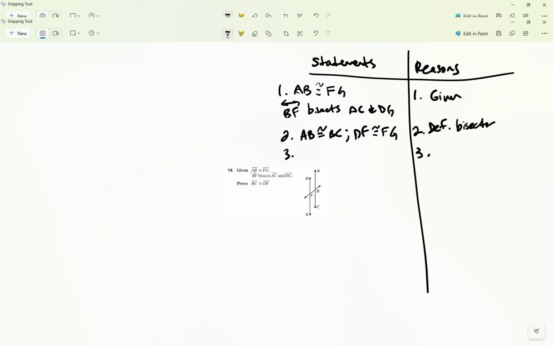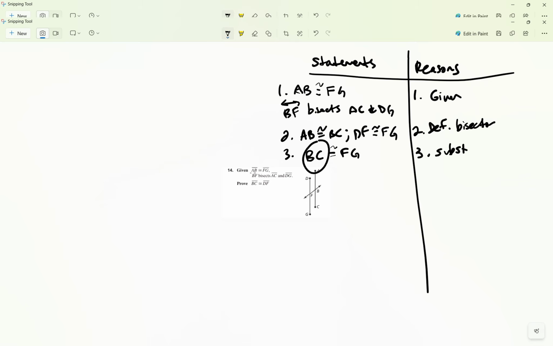So, AB congruent to FG, and we're trying to get that BC is congruent to DF, okay? Now, AB is the same as BC, right? So we could say that BC is congruent to FG through substitution, right?